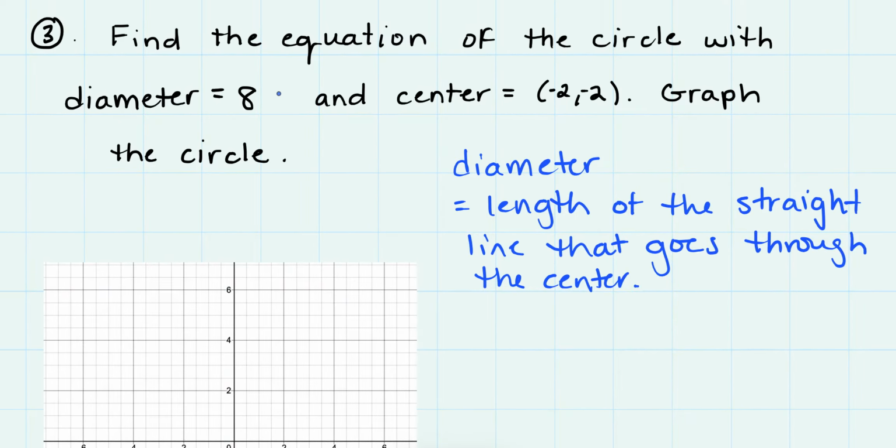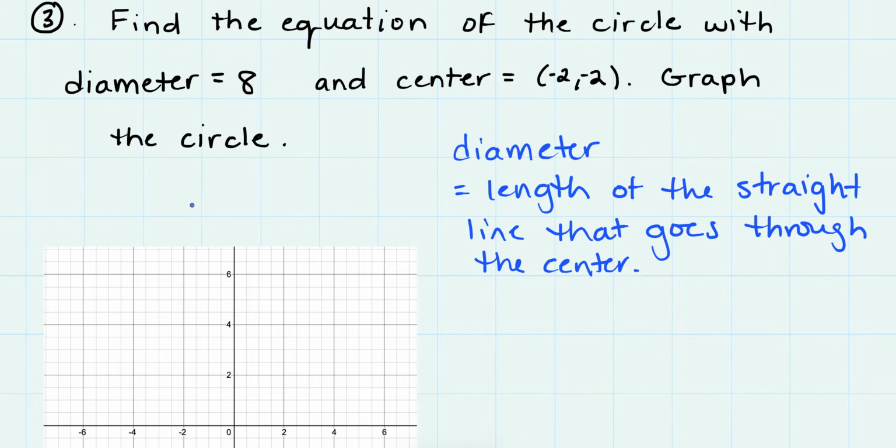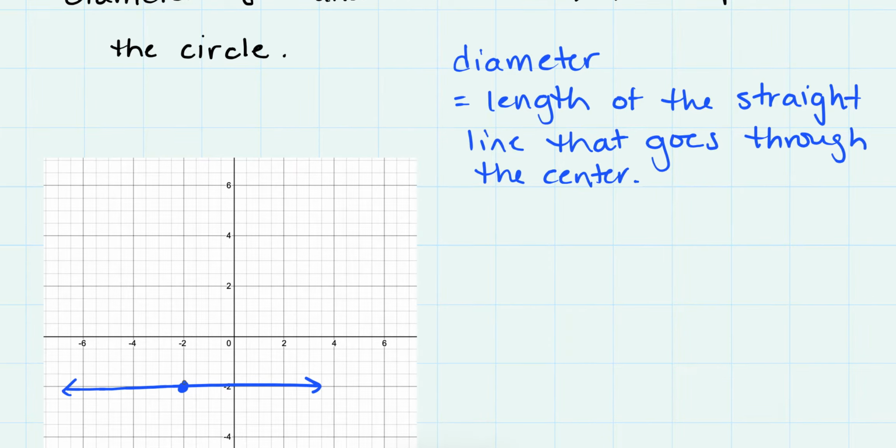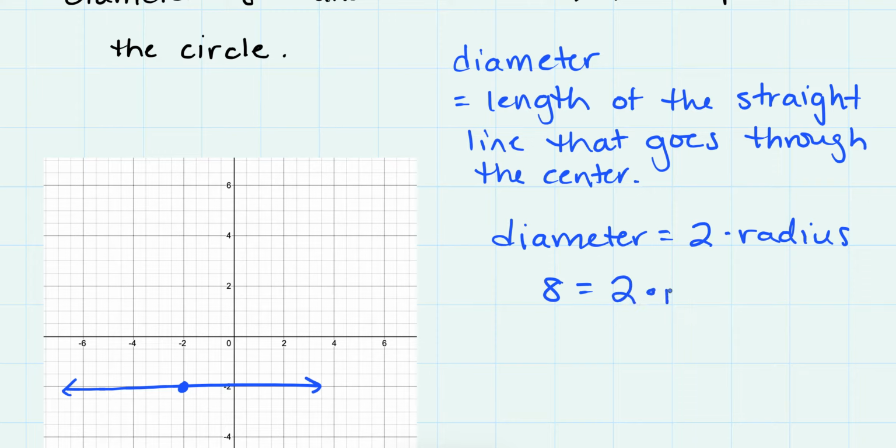Now I'm telling you that the length of the line, when you intersect it with the circle, you get 8. That means it's 4 to the left and 4 to the right. So the diameter is always 2 times the radius. So if the diameter is 8, we get 8 is equal to 2 times r, or r is equal to 4.